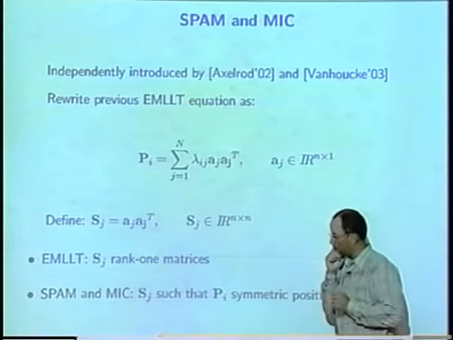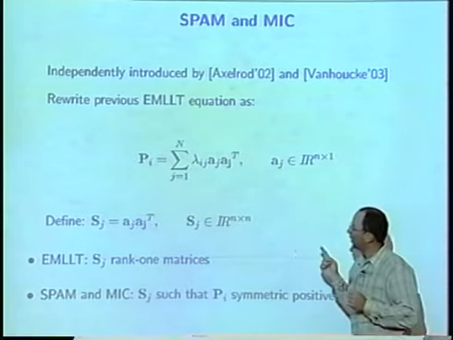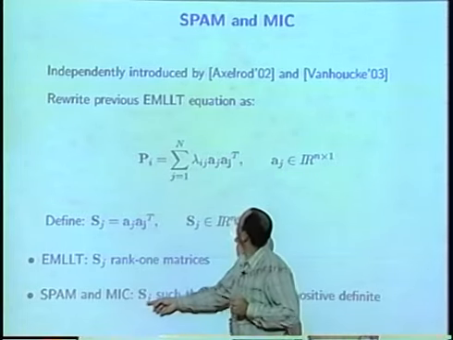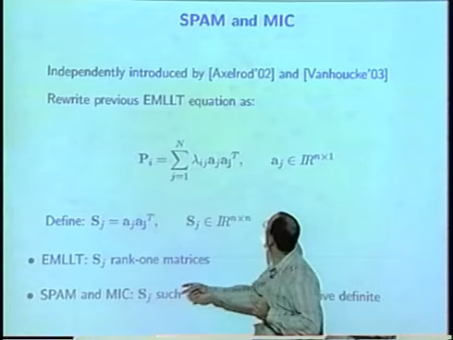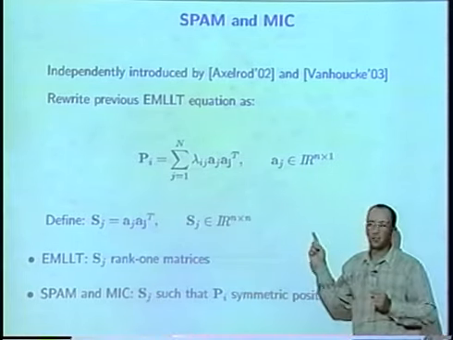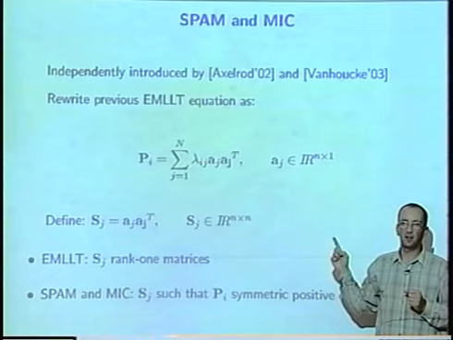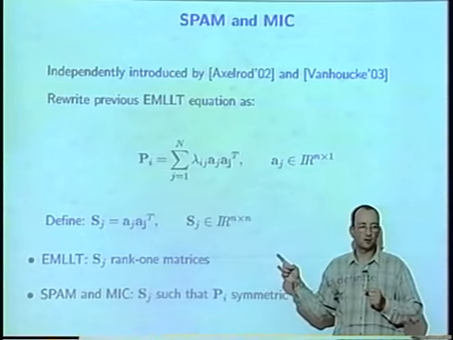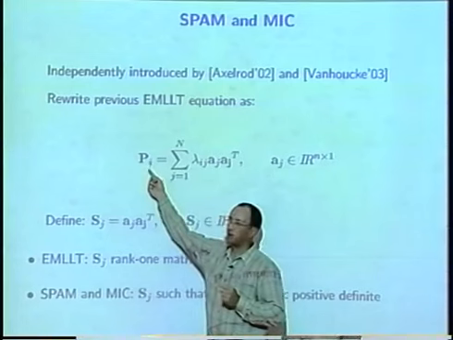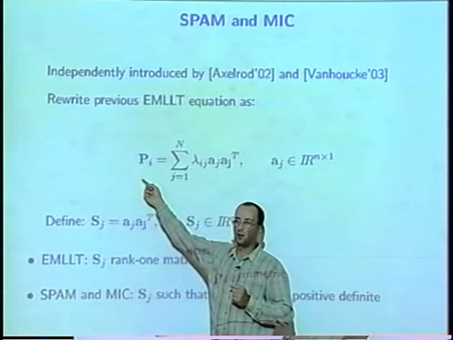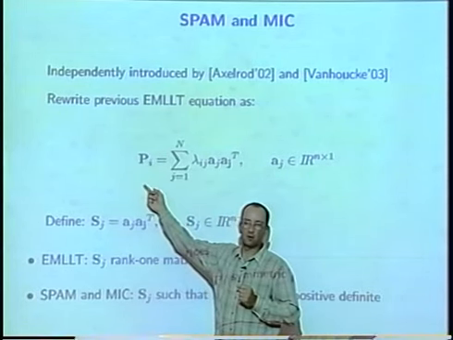Or another way to look at it is these Sj's will define a basis in your n squared dimensional space. You have capital N elements of that basis, and then you represent each precision matrix Pi as a linear combination of those basis vectors.